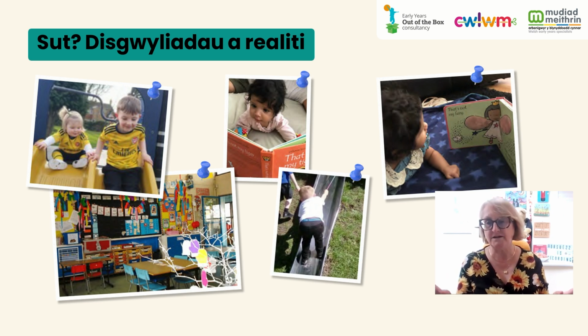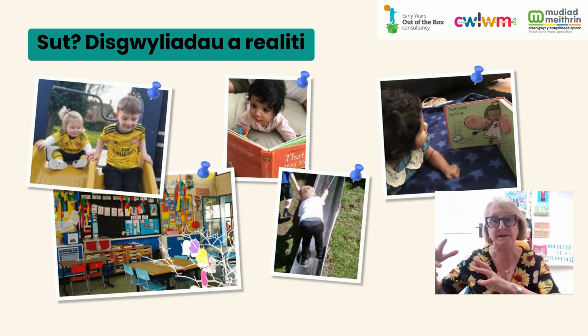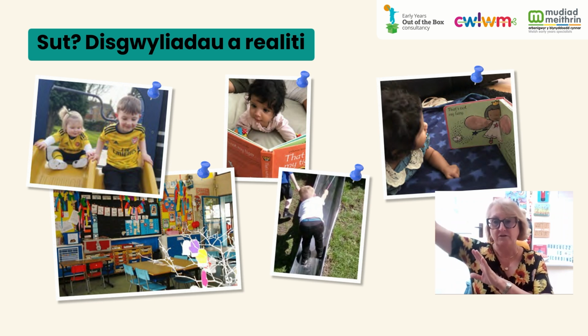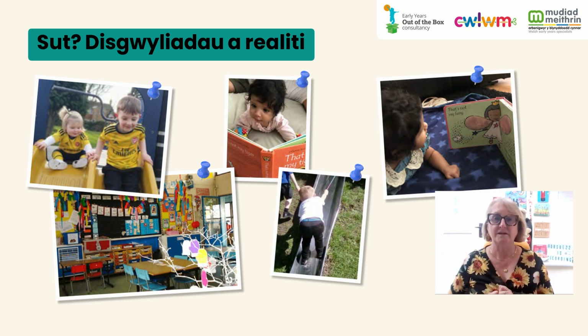The picture on the end, that little boy, because of the attitude of the adults he works with, has been enabled to work out how to rig up a piece of rope and climb up the slide.